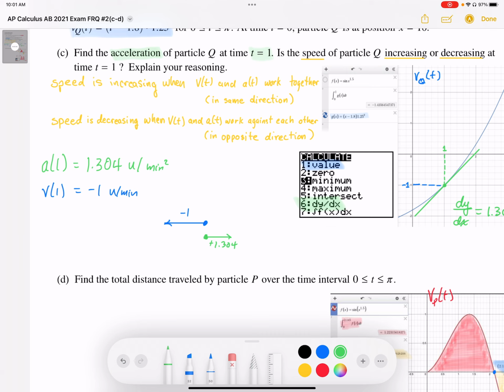Okay, so since the velocity and acceleration are opposite signs, its speed is decreasing. So speed is decreasing, since acceleration a of 1 and v of 1 have opposite signs.